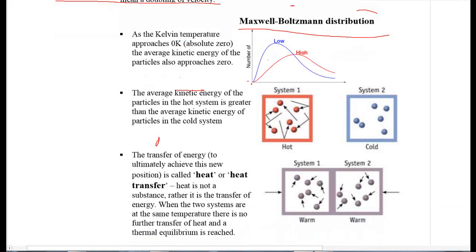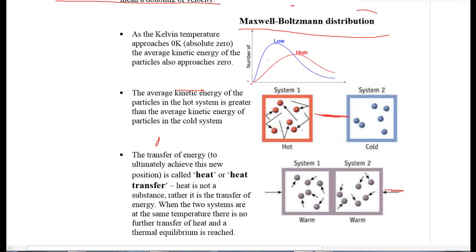Okay. So if I have two systems together, let's say I have a hot cup and a cold cup of water, and I put them close to each other, and I have whooshes here, and we can consider these to be vectors indicating the direction of the movement, and the lines indicating the relative speed, like we did when we drew whooshes. Now this doesn't show any whooshes because it'd be so tiny.